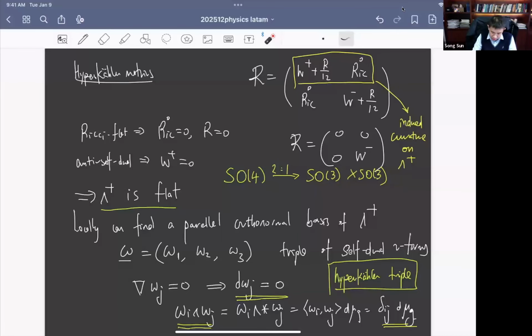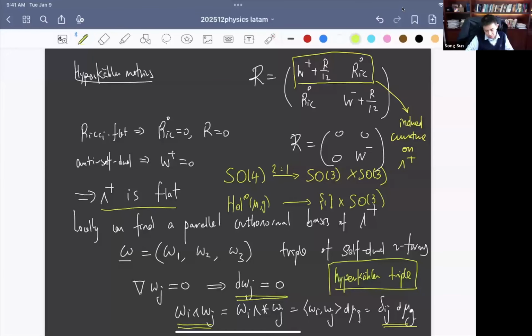But lambda plus is flat, right? If you have a flat bundle locally, if you do parallel transport, it will just go back to itself. There's no curvature. So that means the restricted holonomy group will have its image contained in 1 times SO3, where the trivial factor corresponds to lambda plus.